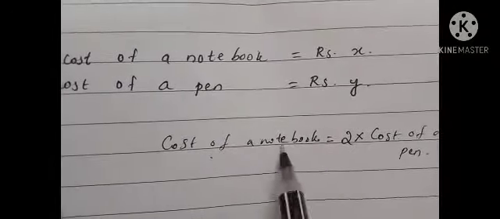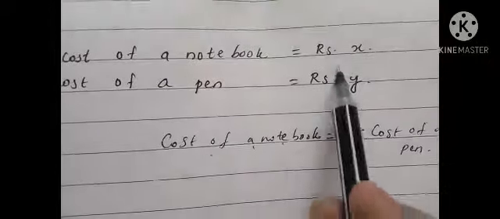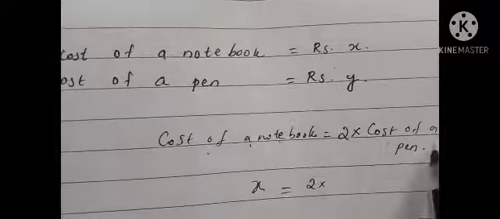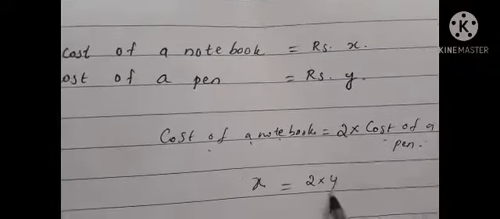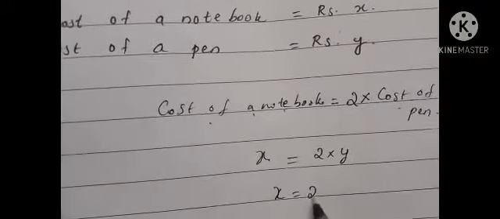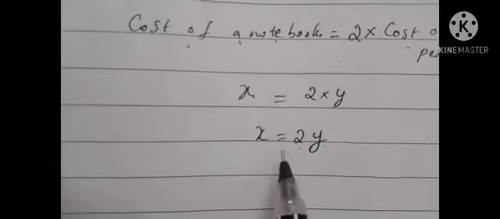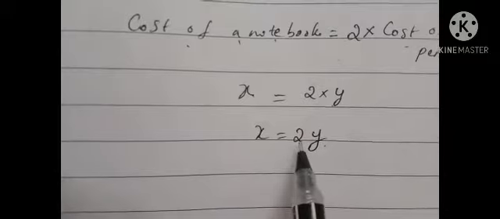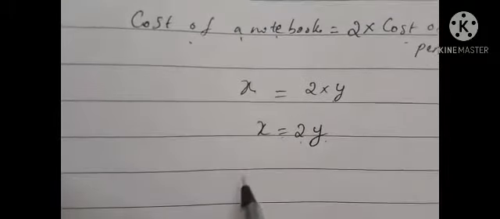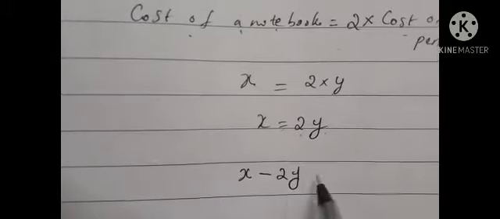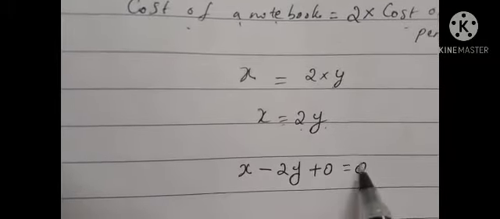So the cost of a notebook is x, which equals 2 into the cost of a pen, y. That is x equals 2y. Then we have to express this as a linear equation in two variables. So we can express this as x minus 2y plus 0 equals 0.